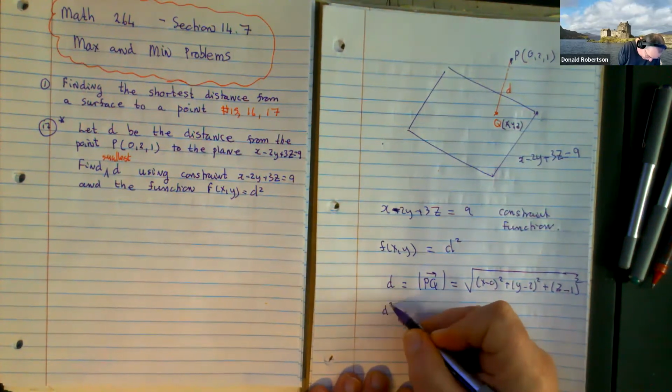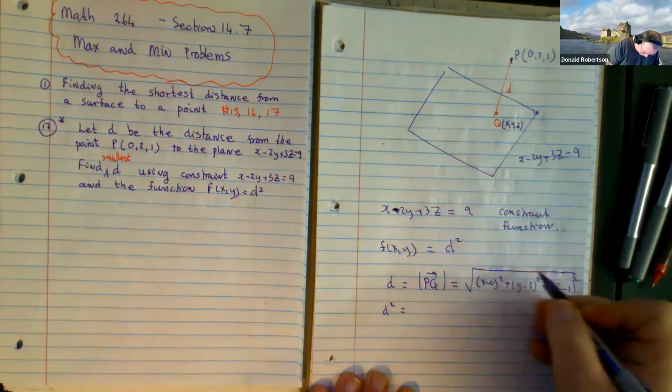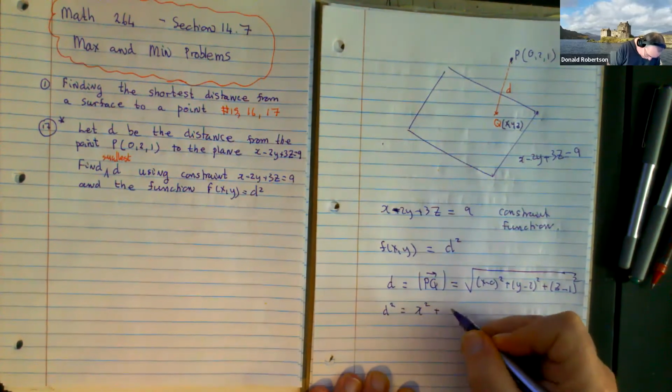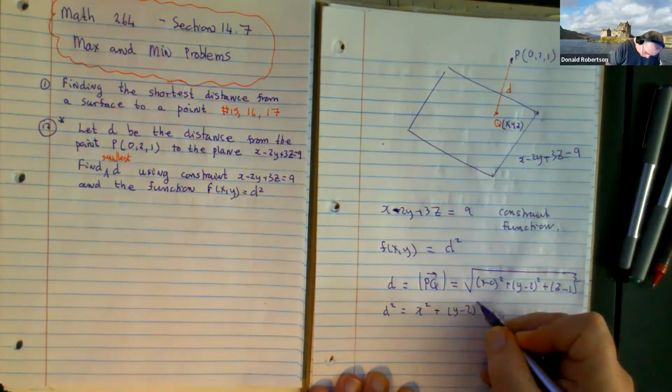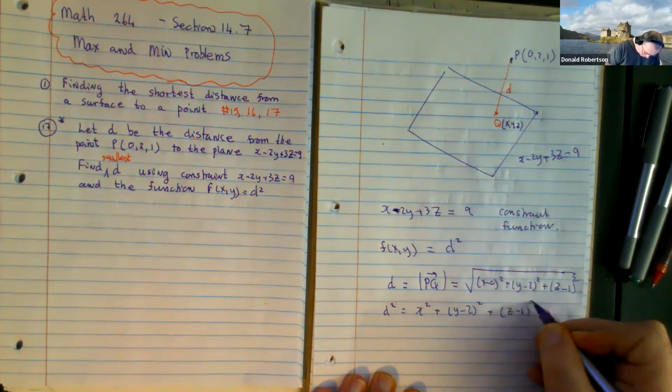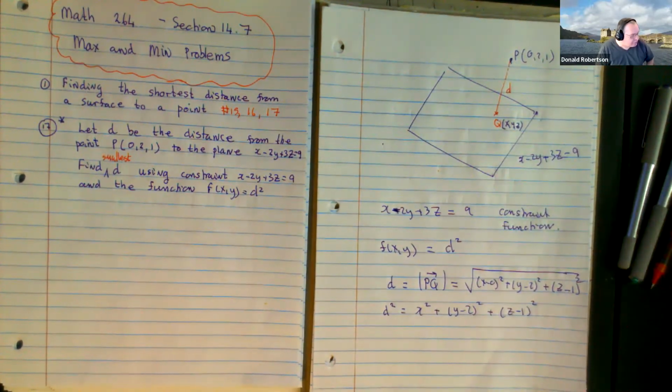So if I asked you to find d squared, wouldn't it get rid of the square root? And that guy would become x squared. And this guy would become y take away 2 squared. And this guy would be z take away 1 squared. Everything so far so good? Right, so I'm now going to change this question just a little bit and make it more like all the others we were doing yesterday.